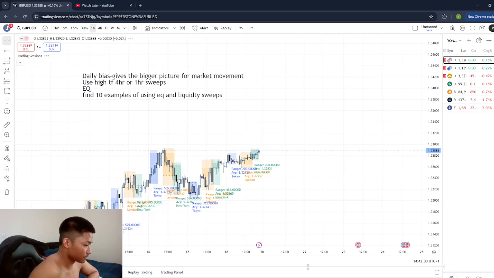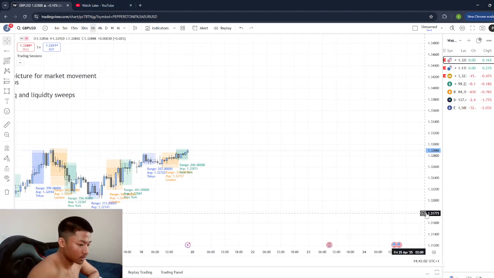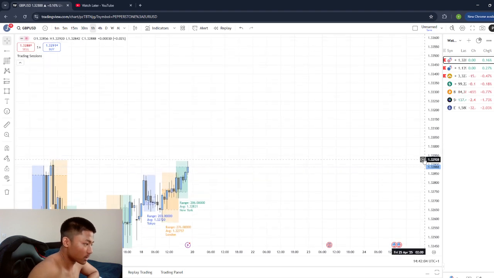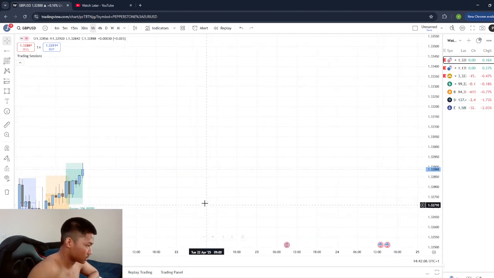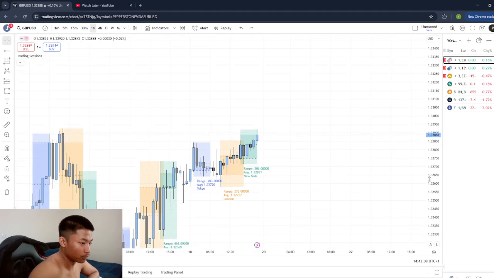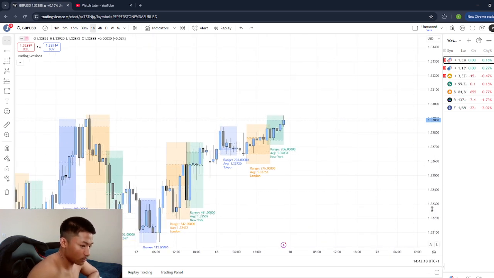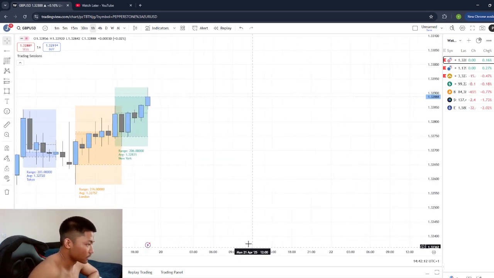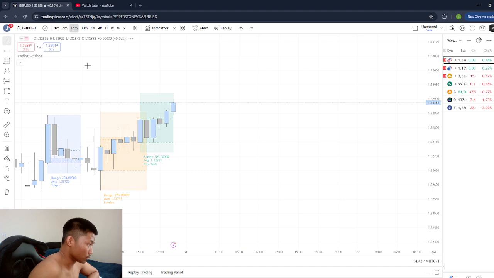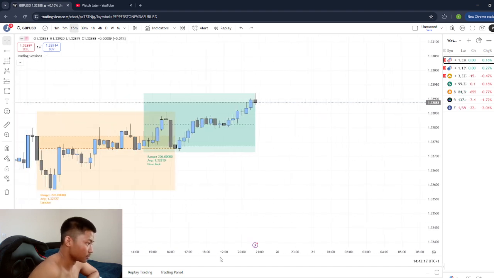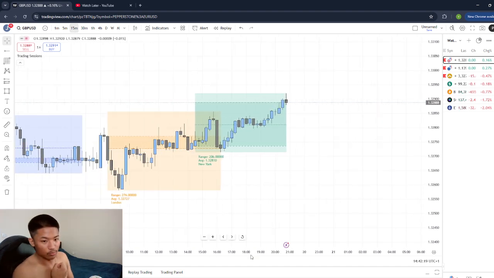Okay, trading sessions. This is important because it helps you understand when markets are going to have volume within them. As of now, I trade New York session just because it fits in with school times, because I'm less available within the mornings. I used to trade London session, really good session.